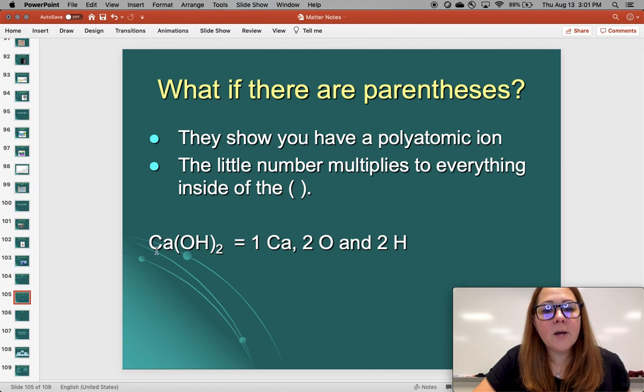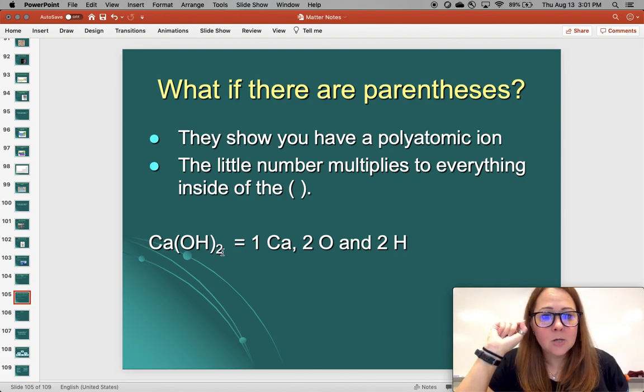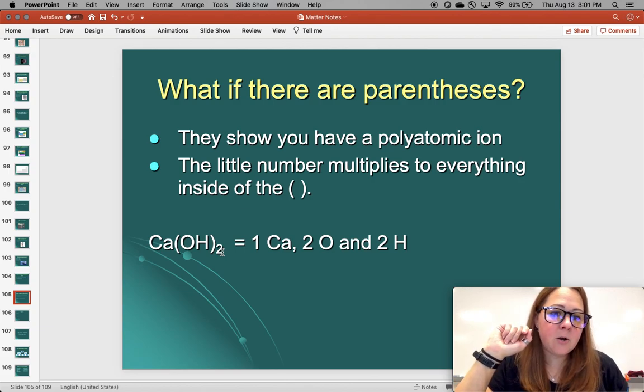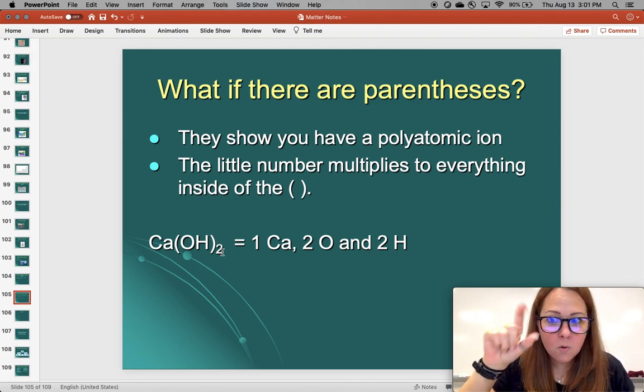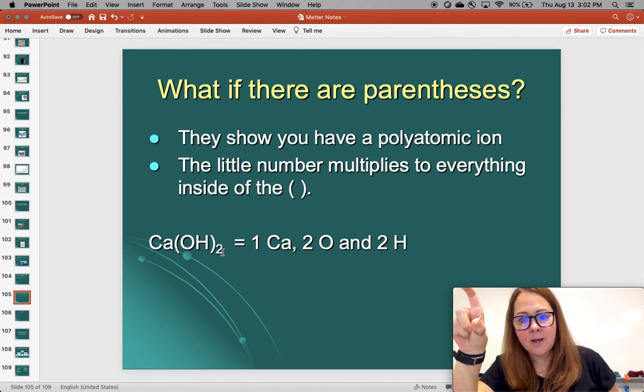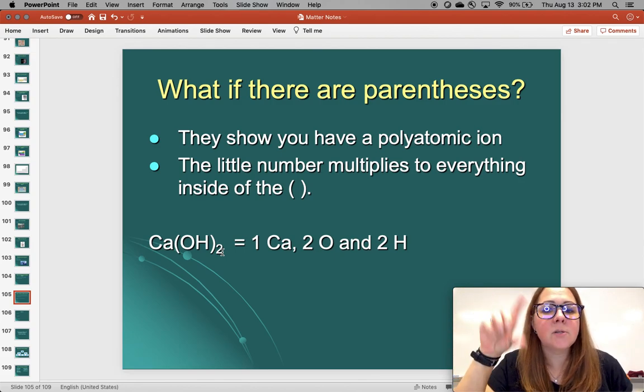So here I have 1 calcium, because there's no number after my calcium. There's 2 OHs. So that means that I have 2 oxygens and 2 hydrogens. All elements start with a capital letter. So with that starting with a capital letter, I know that oxygen, O, is one element, and then I have another capital letter next to it, so that's your hydrogen.